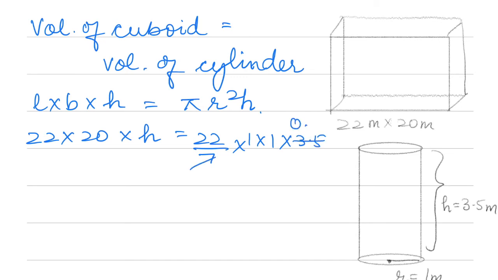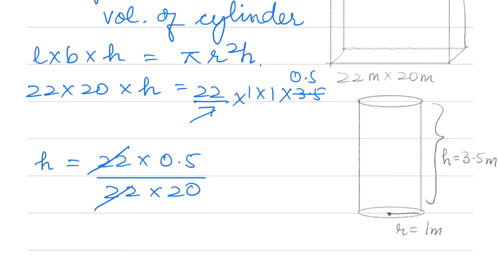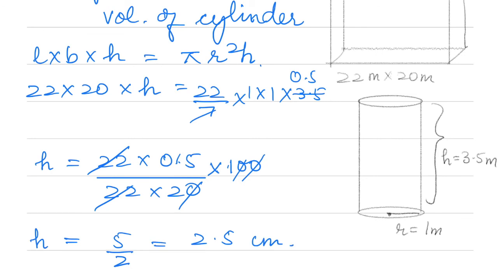This is 0.5. So height is equal to 22 into 0.5 divided by 22 into 20. 22 and 22 gets cancelled, and we can change this into centimeters. So we'll multiply. So height is equal to this, and this gets cancelled. So we have 5 by 2 or 2.5 centimeter.